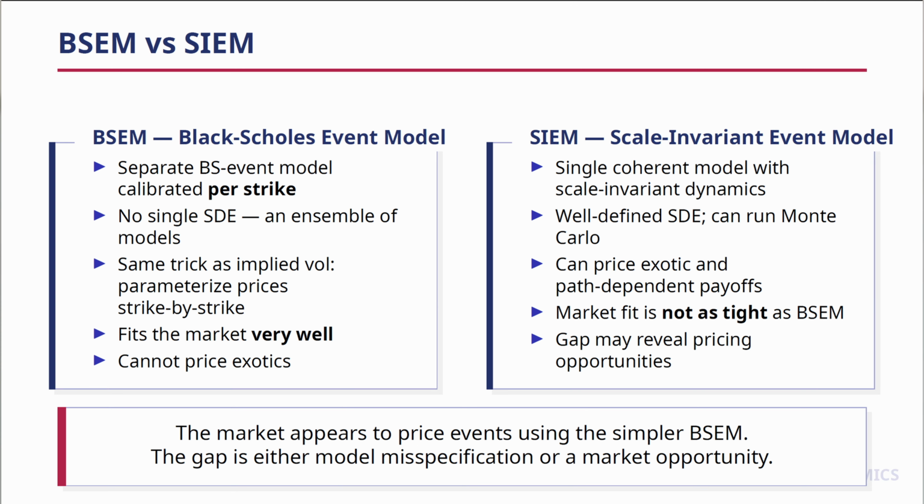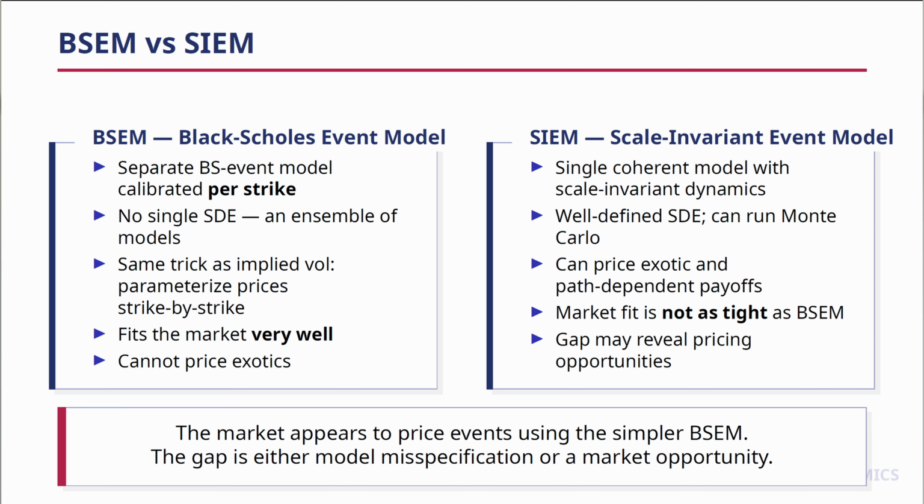There is one interesting detail here. It is important to point out that the Black-Scholes event model is not a self-consistent model when the underlying process is not log normal, which is pretty much in all cases. We're using the same trick that we use when we trade from implied volatility surfaces, namely that we calibrate a different Black-Scholes event model for each strike.